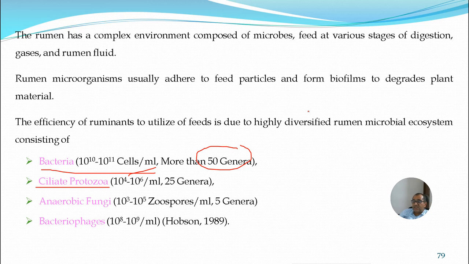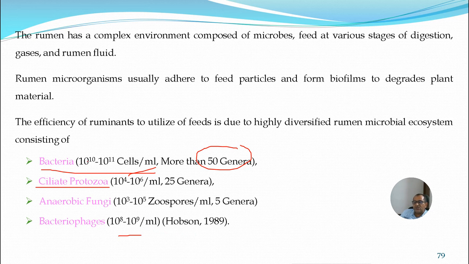Then anaerobic fungi are about 10 raised to 3 to 10 raised to 5 zoospores, whereas the bacteriophages are about 10 raised to 8 to 10 raised to 9 per ml.